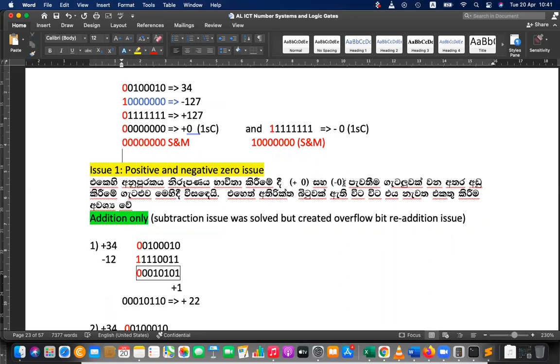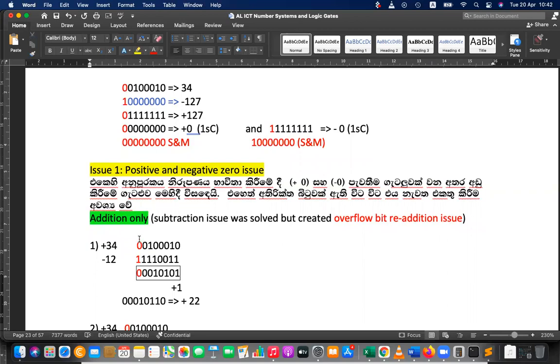Then, one issue was solved. So one positive point is this, addition only. Now you don't want to use this subtraction. But it has introduced another issue. What is that? Overflow bit re-addition issue. It has introduced a new issue. That is overflow bit re-addition.